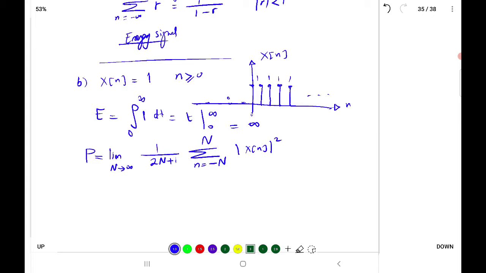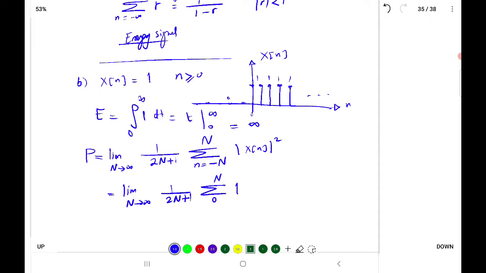That's the formula for the average power, and I'm going to apply it now. I don't have negative n, I have 0, so I put 0 up to n. And the value is equal to 1.